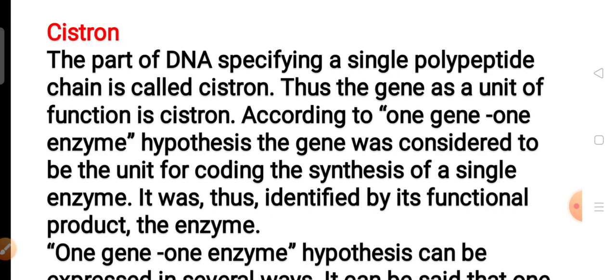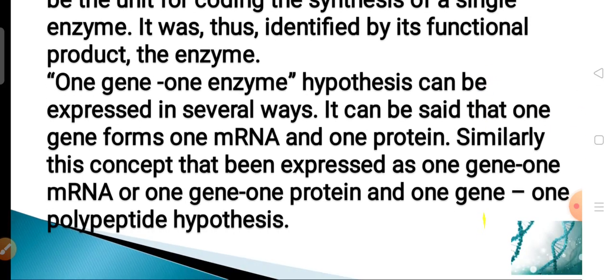Now, according to the one gene, one enzyme hypothesis, the gene was considered to be the unit for coding the synthesis of a single enzyme. That means one gene is responsible for coding the synthesis of one enzyme, so the gene was identified by its functional product, the enzyme. However, the one gene, one enzyme hypothesis can be expressed in several ways.